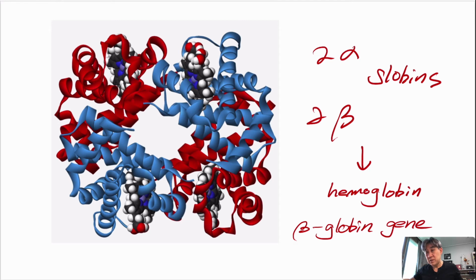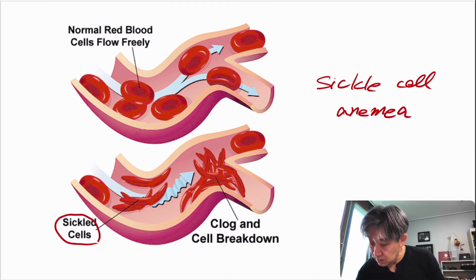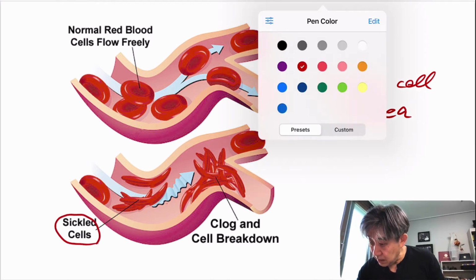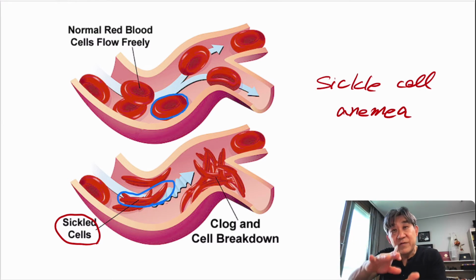So that mutated hemoglobin protein cannot function normally, and even the red blood cell carrying such mutant hemoglobin becomes very different in its structure. Now its shape is something very weird, a crooked form, whereas a normal red blood cell is very flat, a donut-like shape.